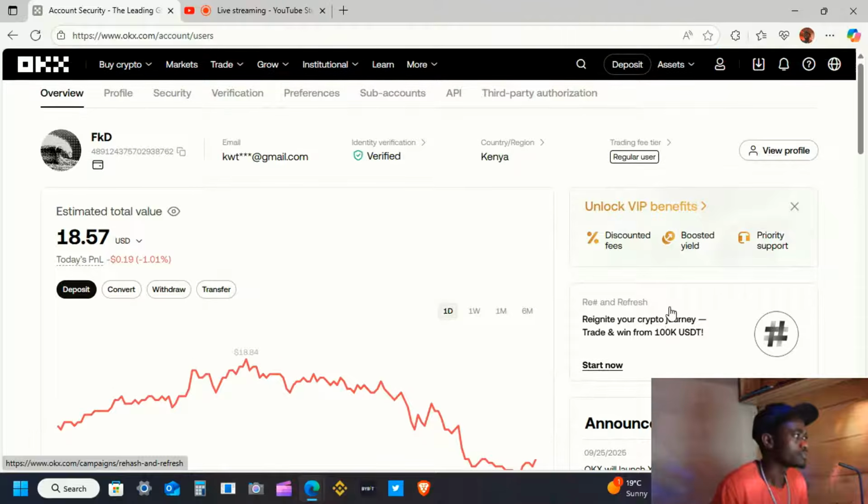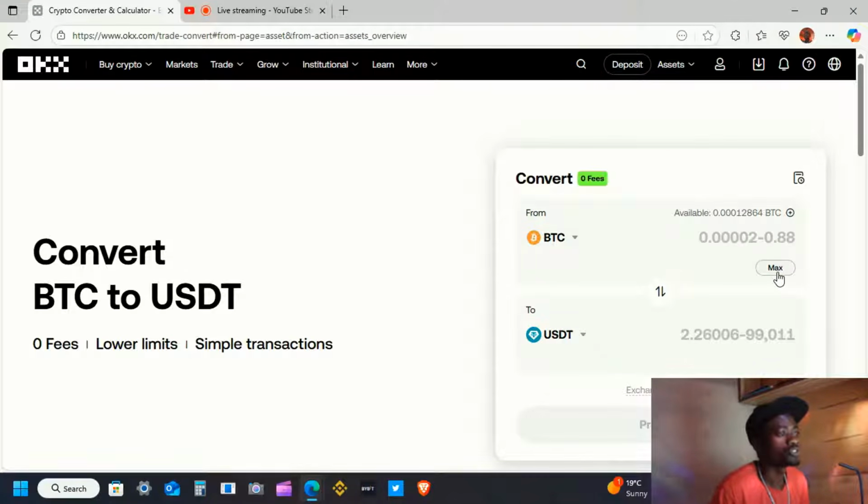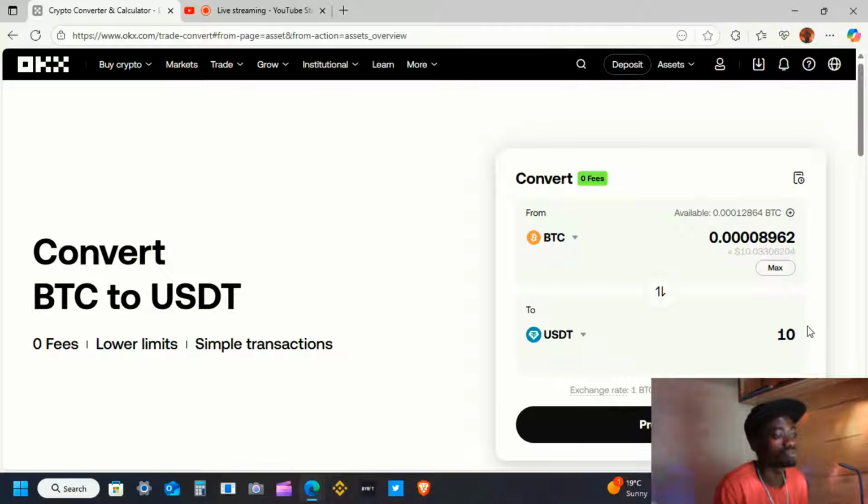Hey guys, you see the convert feature here? Let me convert here. I'll be converting BTC to USDT. How much should I convert? Receive 10, and convert 10 of them. Or I convert the maximum.